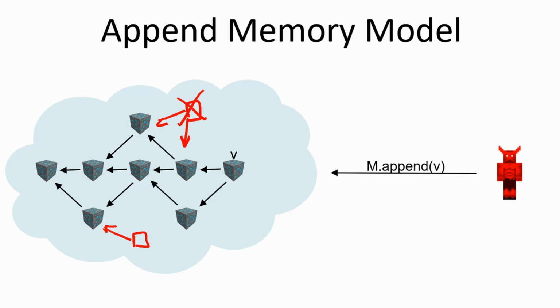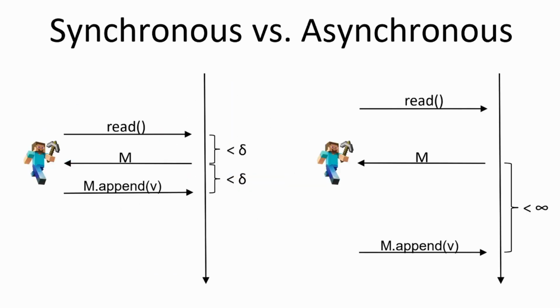In this append memory model, our goal is later to solve Byzantine Agreement. And as in Byzantine Agreement, we will consider two different communication models: the synchronous communication model and the asynchronous one. In fact, we will call our nodes synchronous or asynchronous because it is a shared memory model.